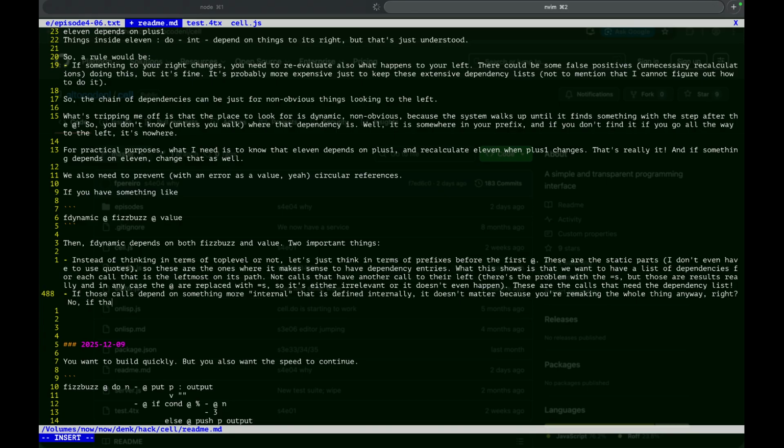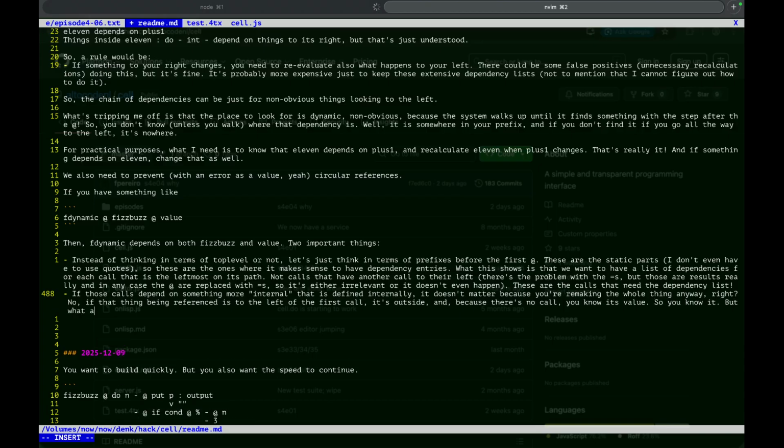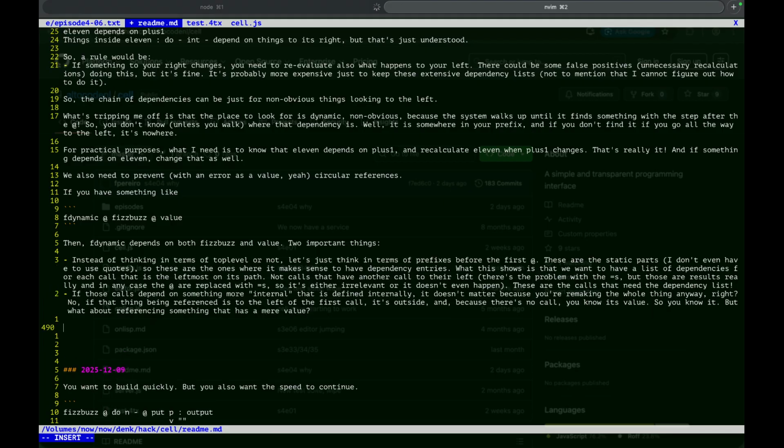No, if that thing being referenced is to the left of the first call, it's outside. And because there's no call, you know its value. So you know it. But what about referencing something that has a mere value?